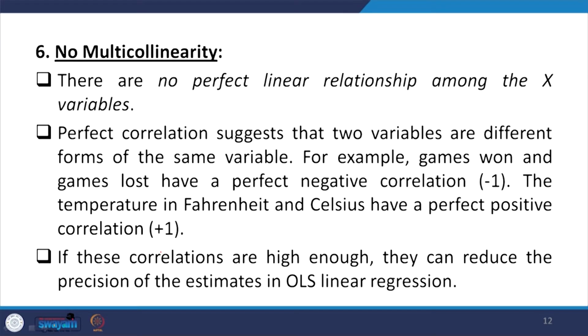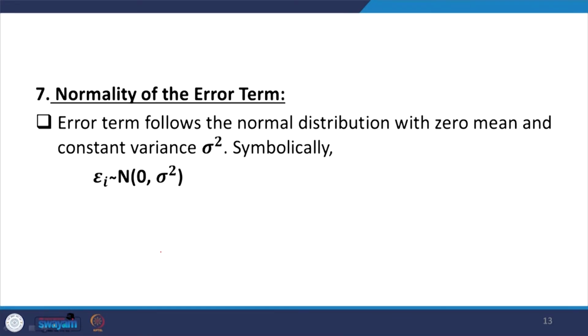For example, games won and games lost have a perfect negative correlation of -1, isn't it? Temperature in terms of Fahrenheit or Celsius similarly has a perfect positive correlation, that is +1. If these correlations are high enough, then they can reduce the precision of the estimates of the OLS linear regression.